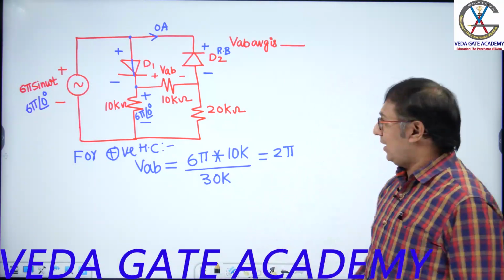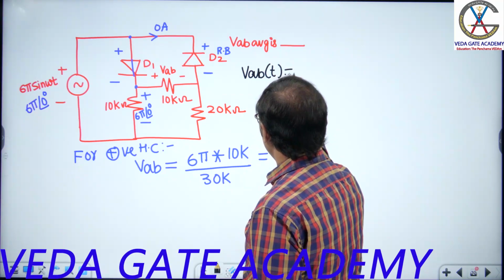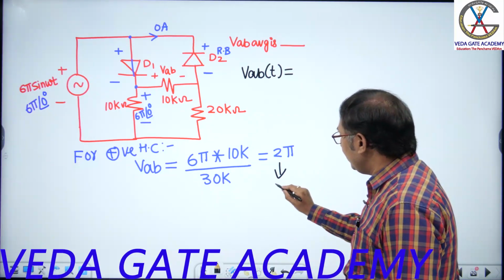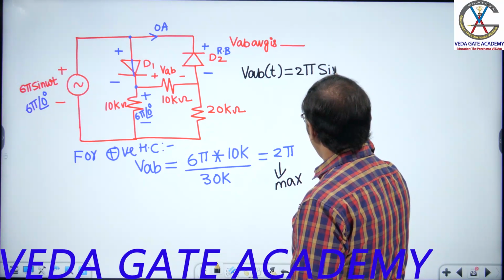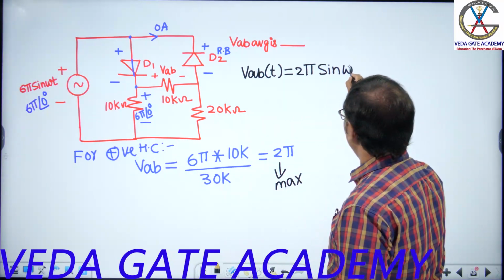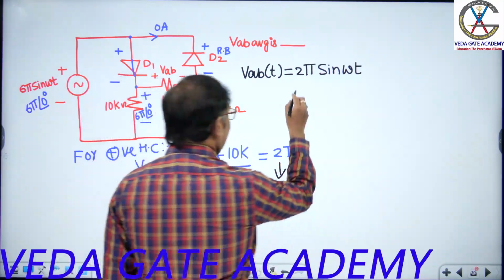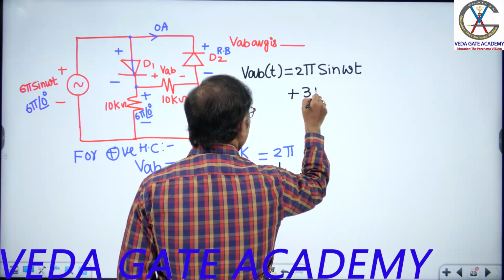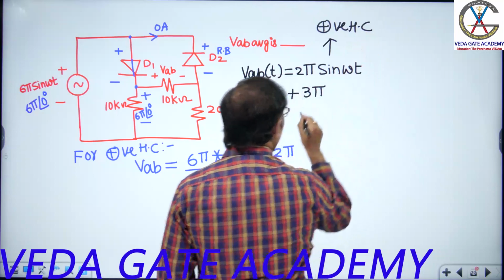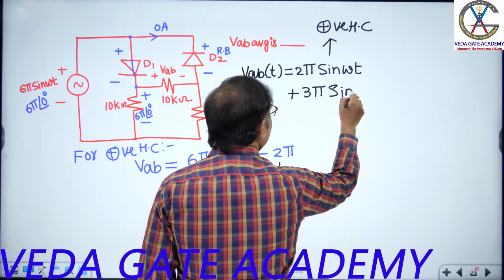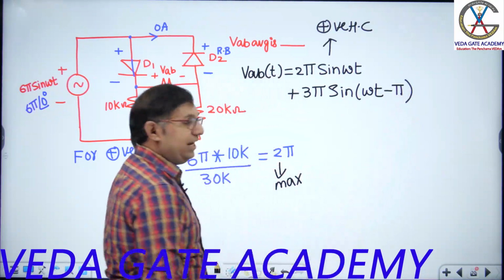Let me write the trigonometric form for this. What is VAB of t? This 2π is also a maximum value. 2π sine ωt, no phase difference. Next, for the negative half cycle, 3π sine(ωt minus π).